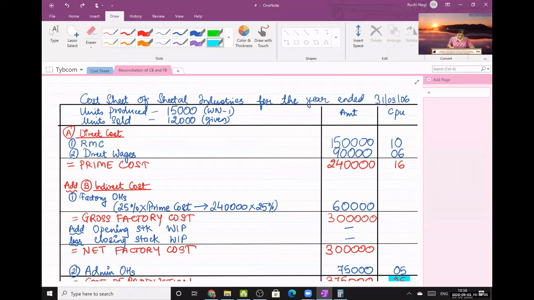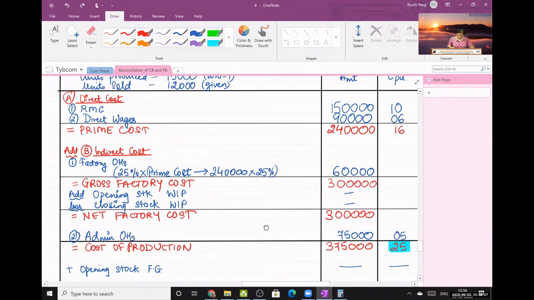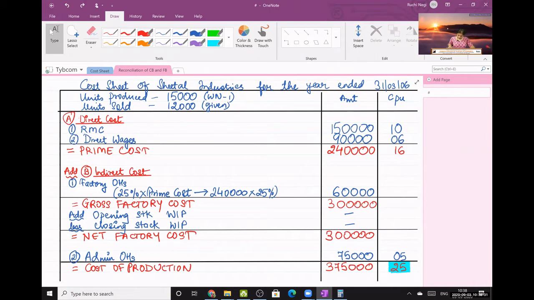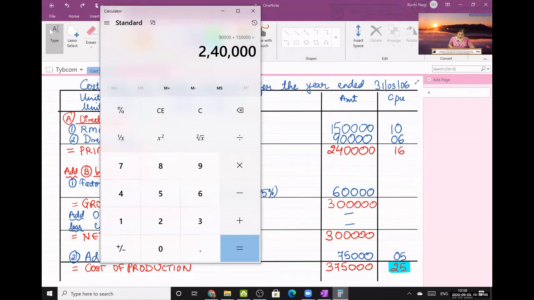Next, factory overheads. Prime cost का 25% you have to take. How much is my prime cost? I just calculated 2,40,000. उसका 25%, 60,000.